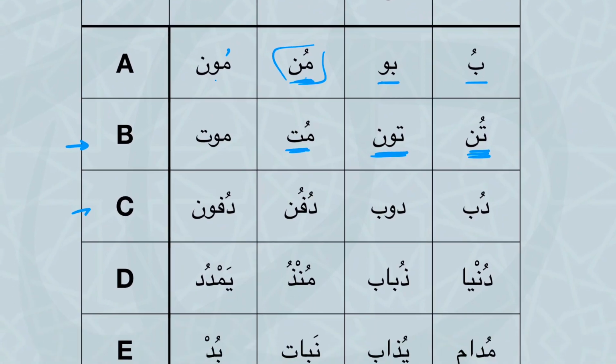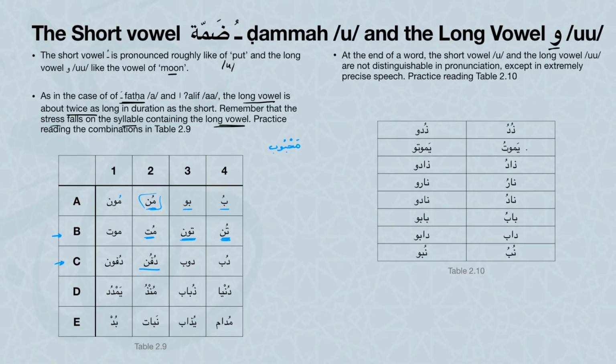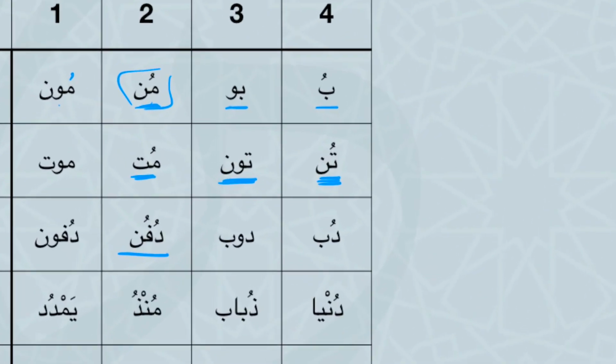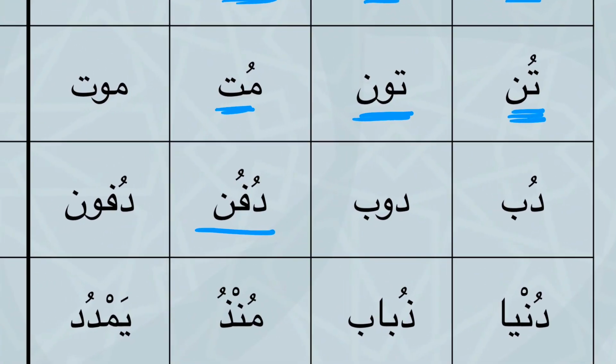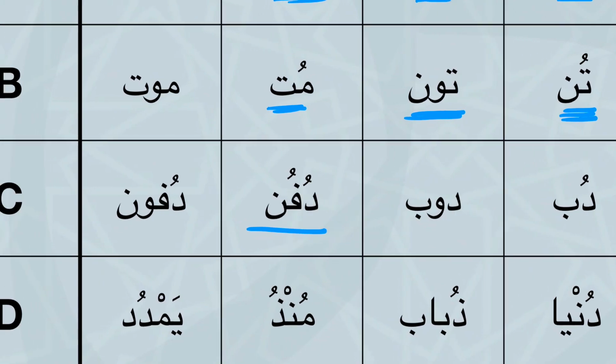Row C. Let's start with the short ones. How would I pronounce it? There's a dhamma on the dal, so it's du. There's a dhamma on the fa, it's fu. And noon is sukun, so it's dufun. Oops, sorry. So it's dufun, dufun. But let's check this out.